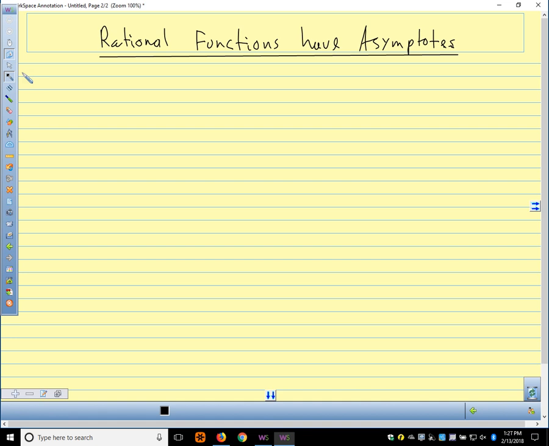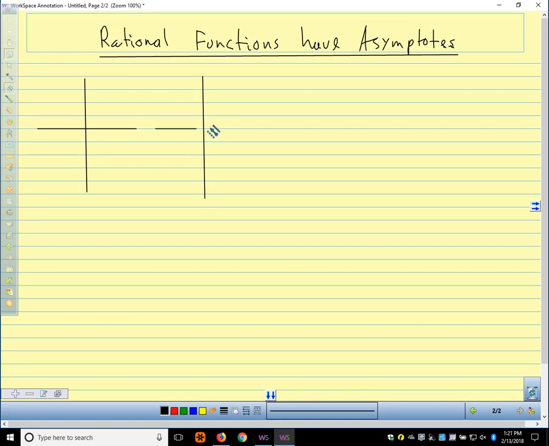All right. So I want to draw a couple of graphs, just sketch some possibilities for what rational functions end up looking like. I'm not going to write out what these rational functions are. I just want to sketch some possibilities for what they look like. So we could have asymptotes like so, and our rational function could look like this.